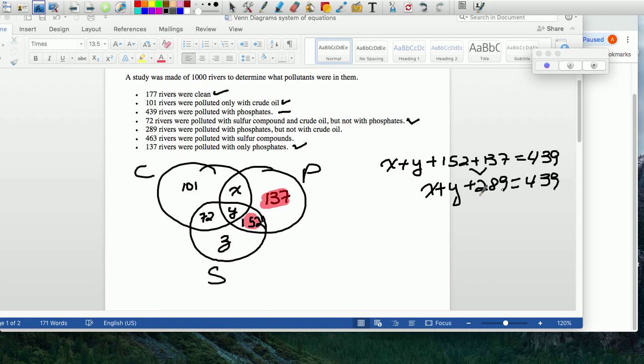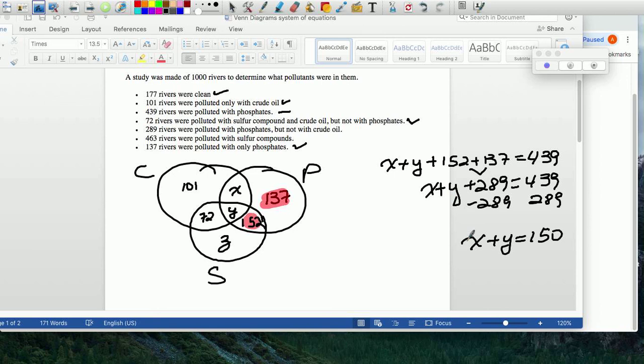So now I'm going to remove 289 from this side, and I'm going to remove 289 from that side. And that's going to give me 174. So X plus Y equals 174. Okay, so I'll leave that alone for a second.